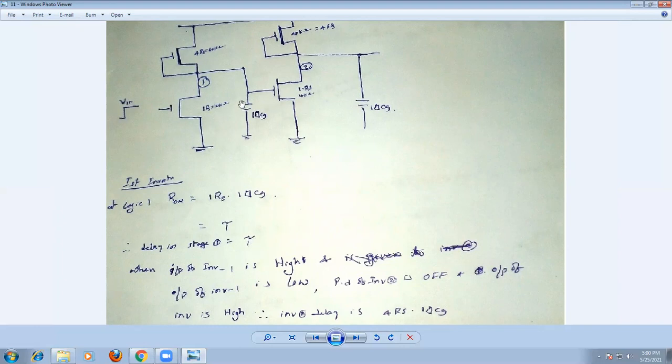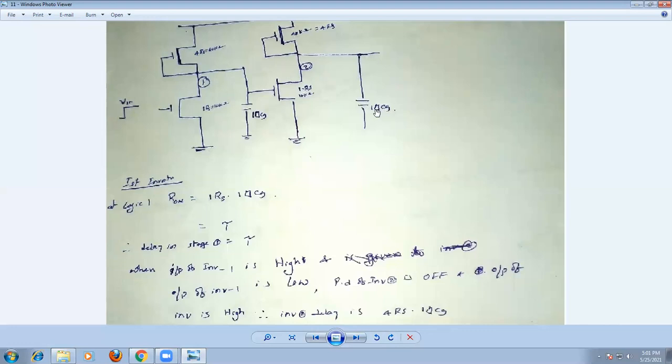Similarly, now see, when the input is high for the first inverter, the output of the first inverter is low. This low signal is given to inverter 2. So at this low voltage, the pull down transistor of the second stage is in off condition.